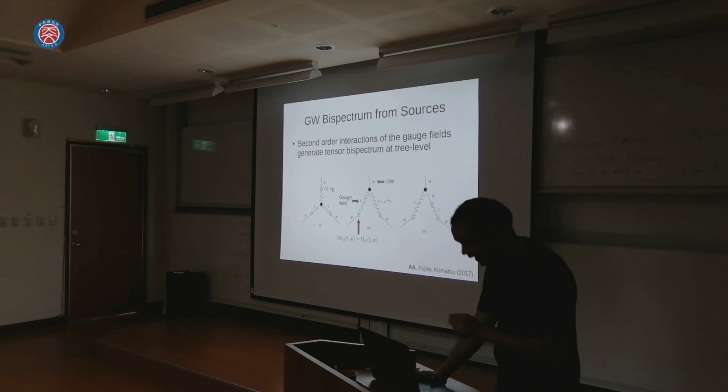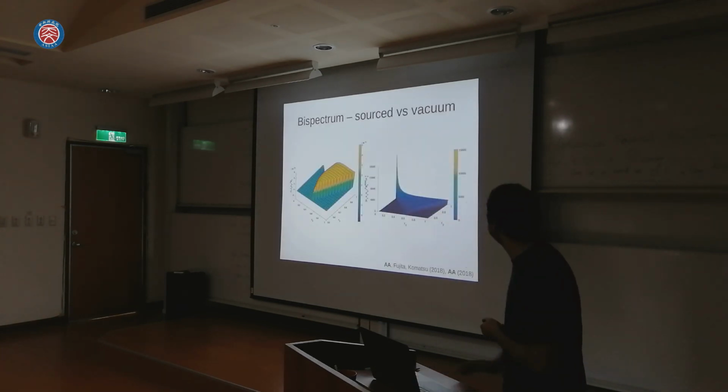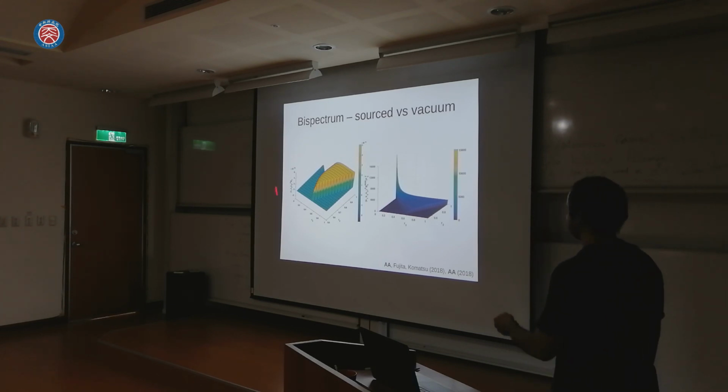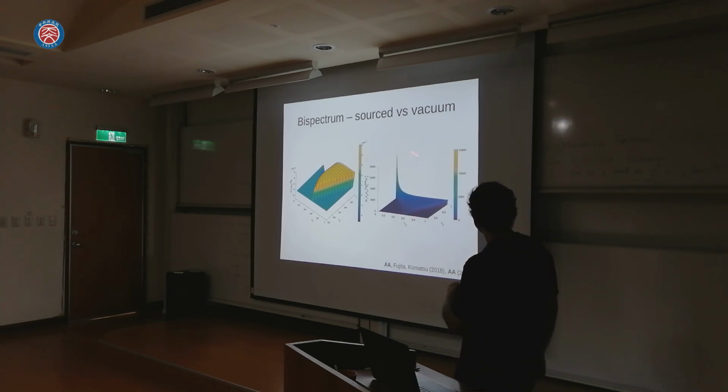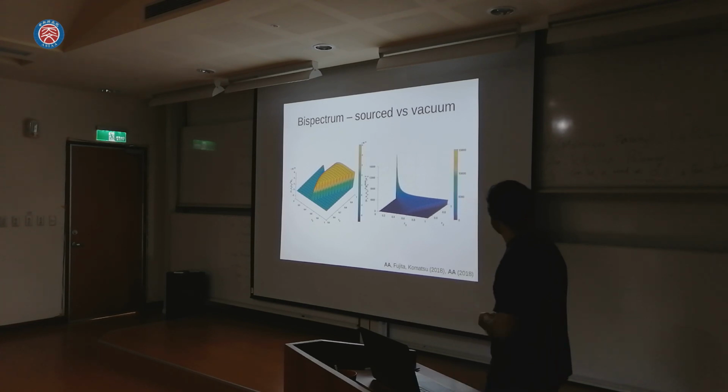Then we can calculate what the shape of the bispectrum looks like, and this is what I showed here. This is once again the gravitational wave bispectrum of 3 right-handed gravitational waves for the model that I just described, with gravitational waves being sourced by some gauge field. Now let us contrast this with what we have from the vacuum fluctuations.